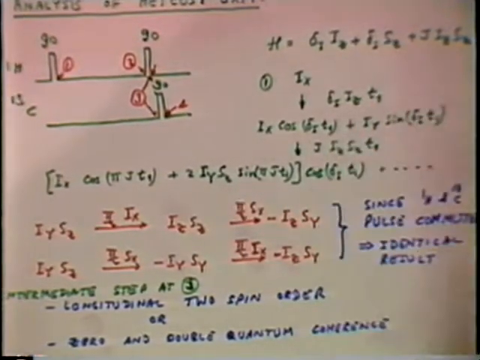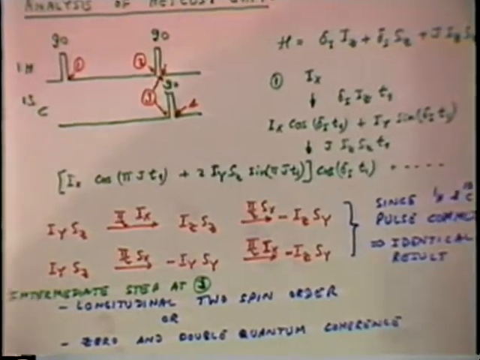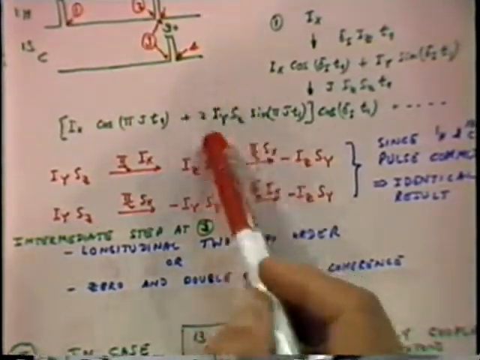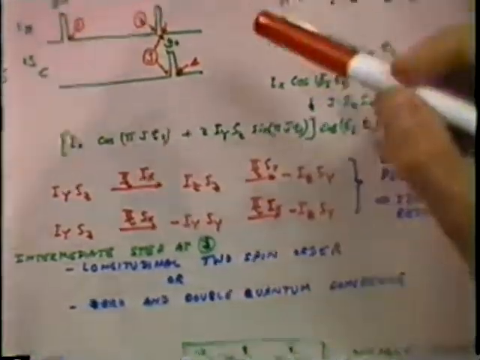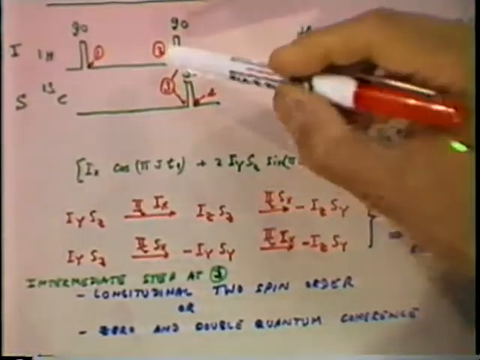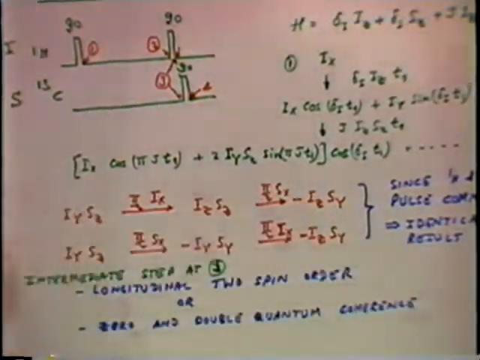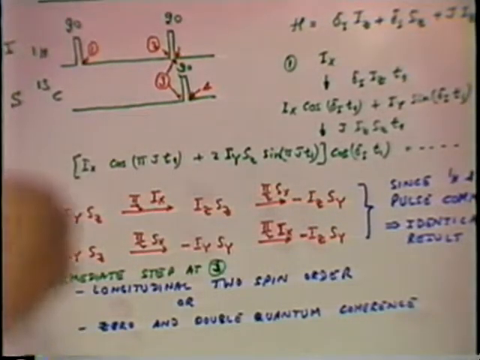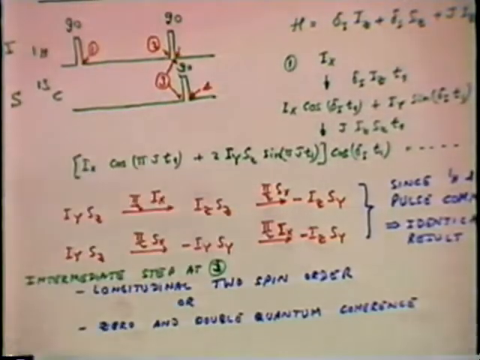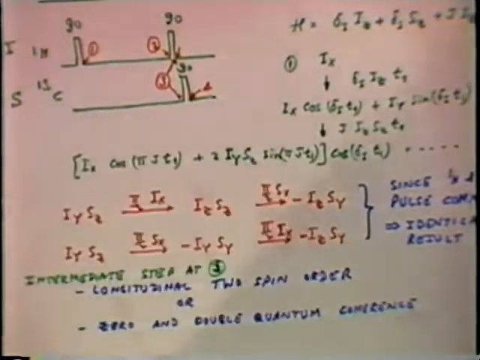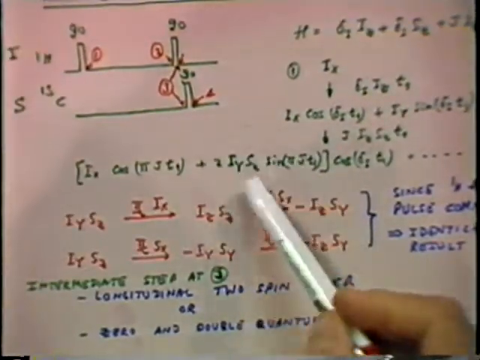And similarly, the Iy will have another part of the evolution which we don't need to worry about at the moment. Now this term is what it is. This is the term which says that the proton magnetization at point number 2, before the application of the pulse, is of antiphase character. It has two components, one up, one down, in the Z direction, in the xy plane. This is the meaning of this operator.